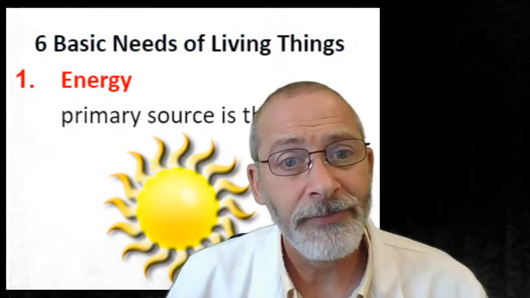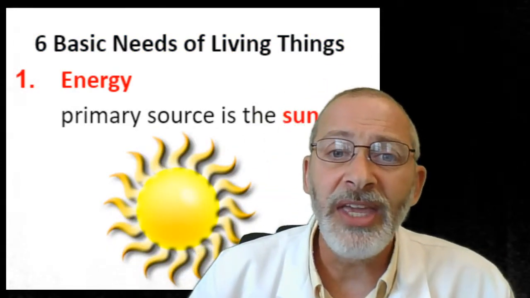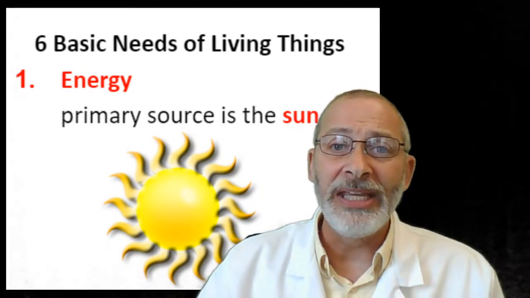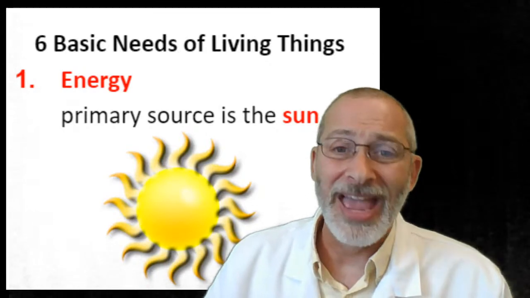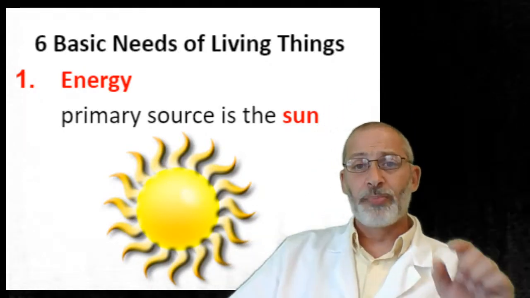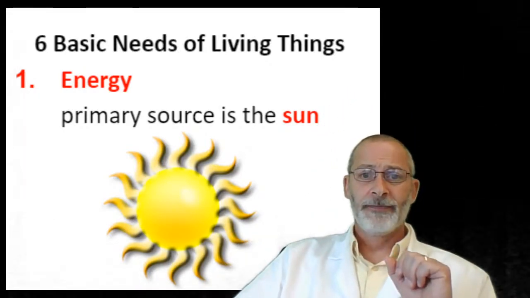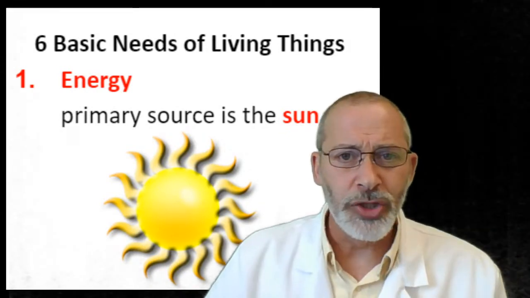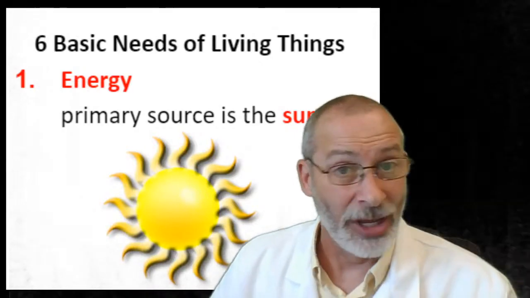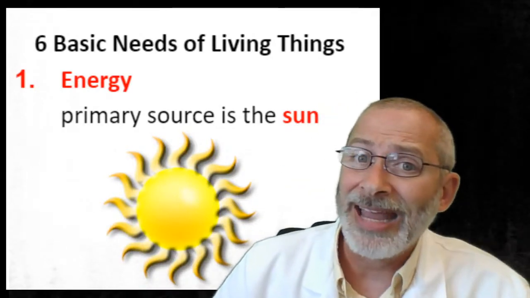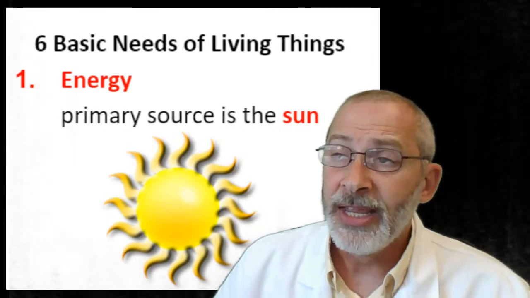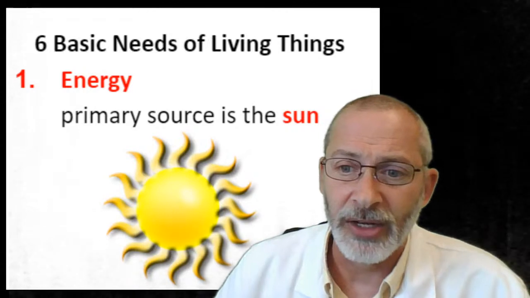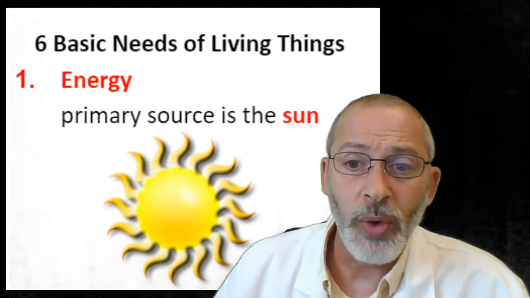Number one, all living things need energy. They all need a source of energy. Now, I say the primary source of energy is the sun, because by and large, most organisms on planet Earth rely on energy from the sun in order to produce the food that we consume and all the good stuff that goes along with it.